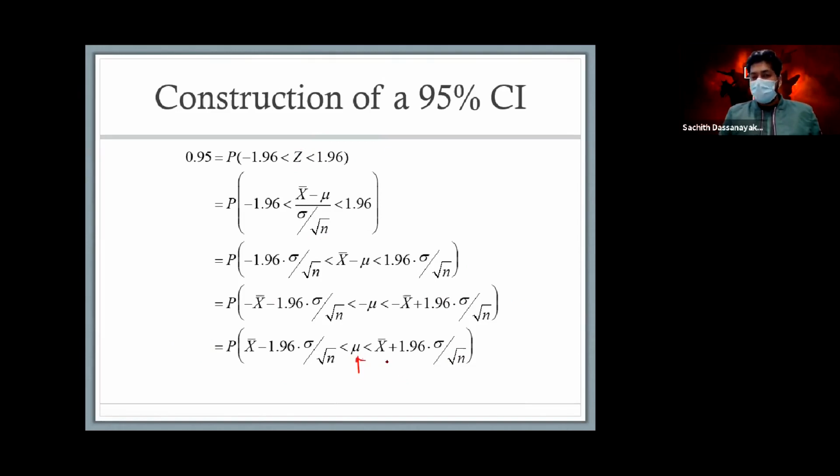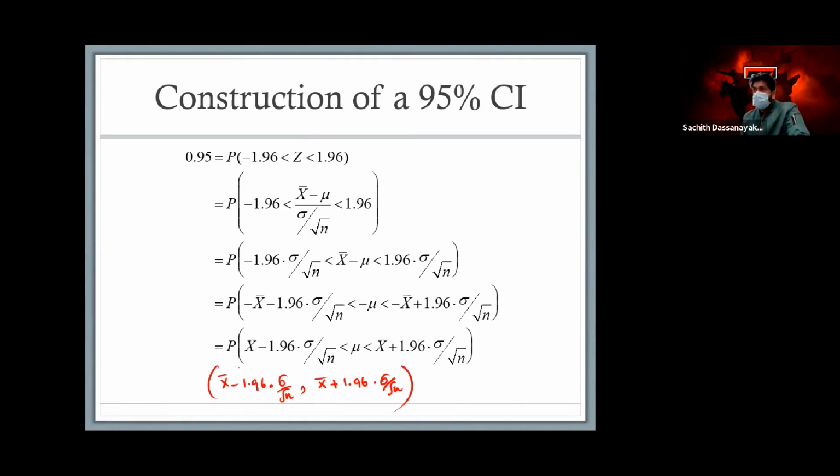So you can pick mu values less than this or greater than this. If I write it using an interval, you can write X bar minus 1.96 times sigma over square root of N, comma, this is the minimum value, and the maximum value is going to be X bar plus 1.96 sigma over square root of N. Clear?